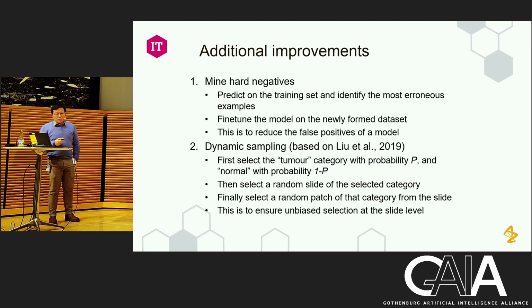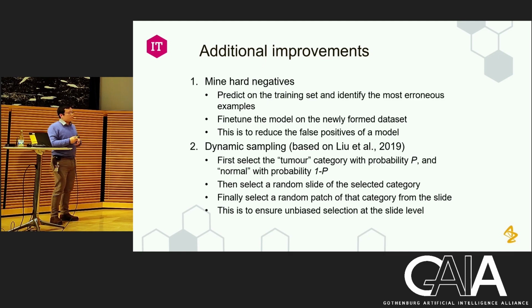To further improve the baseline model, imagine we train a CNN as standard practice, but we want to push the boundary of performance. We apply two techniques to help the training. One is mining hard negatives: we train a model, then predict on all the training patches and identify the most erroneous patches, the ones that are most wrong.